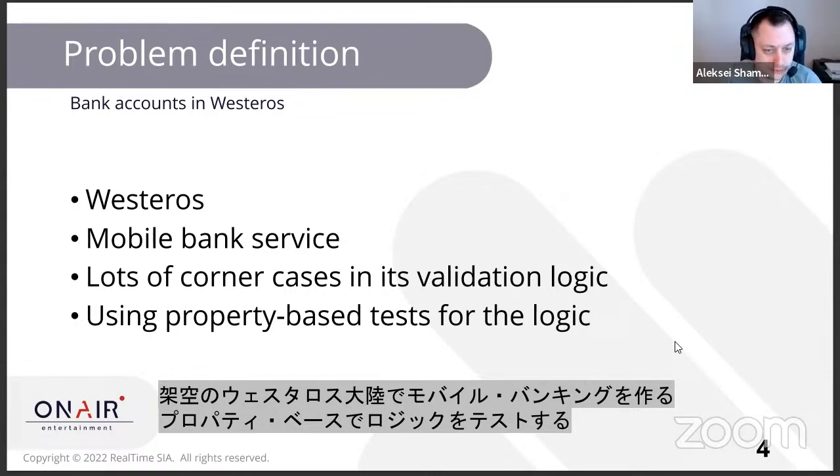Like the real world, this imaginary world has lots of regulations in regard to money, as well as security concerns. So our validation logic will have lots and lots of corner cases, and we want to check this validation logic and these corner cases using property-based tests.